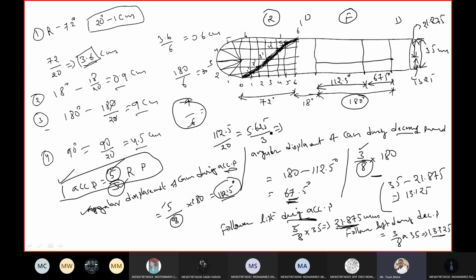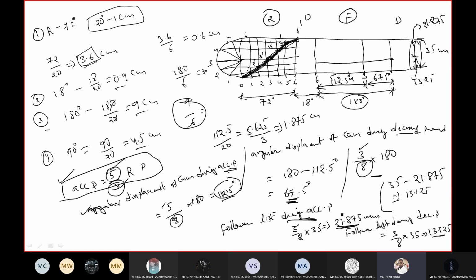How much is each value? 1.875 centimeters. So each value is 1.875. Here to here 1.875, here to here 1.875, here to here 1.875.